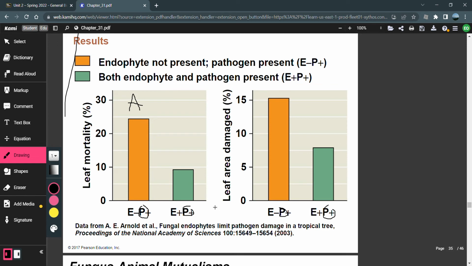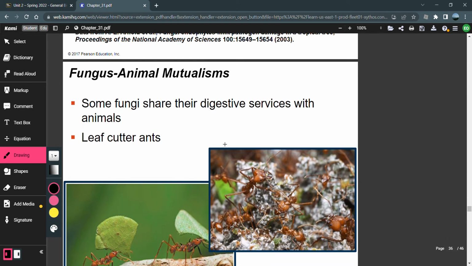And here is more proof right here. No fungus, pathogen present, higher leaf mortality rate. Fungus present, pathogen present, lower leaf mortality rate.